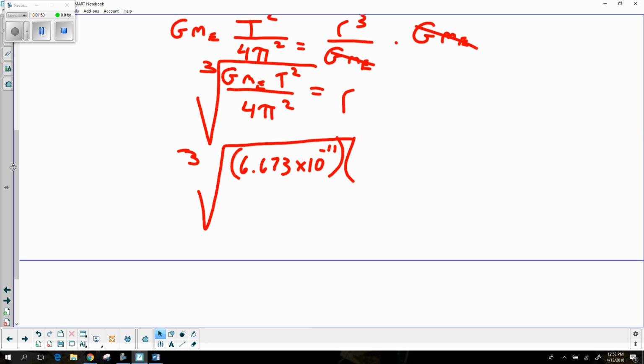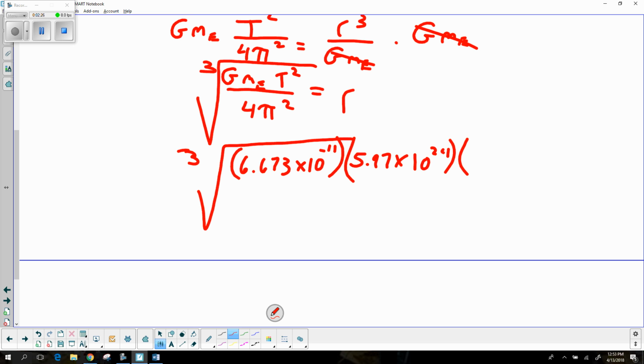Mass of the Earth is a literature value, and so this particular problem, we don't have to worry about sig figs. And so I'm going to look on my table here and realize that the mass of the Earth is 5.97 times 10 to the 24th.